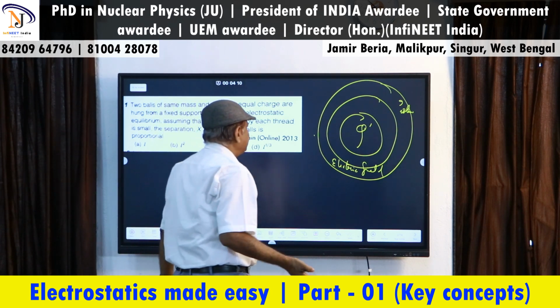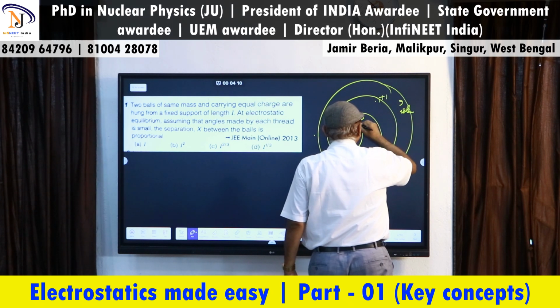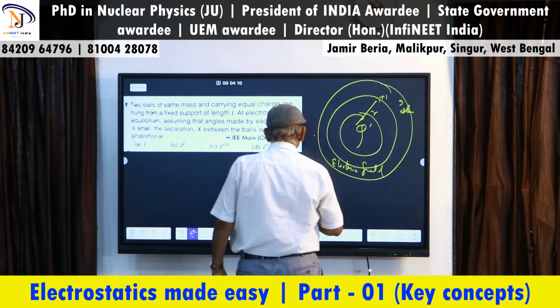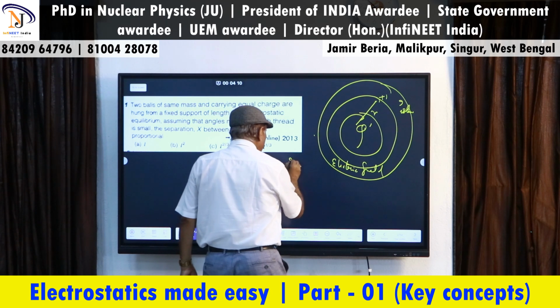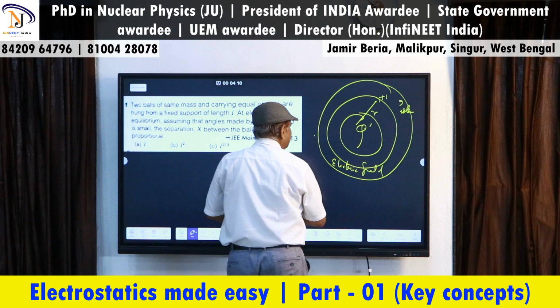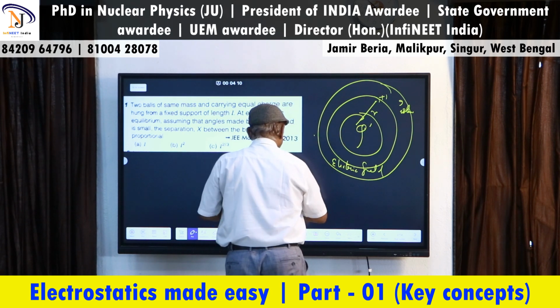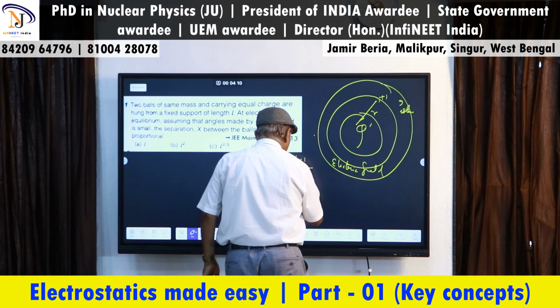And what is field intensity? If a unit positive charge is kept at a distance r from Q, then we may write electric field intensity E equals to Q dash into 1 by 4 pi epsilon naught into r square.